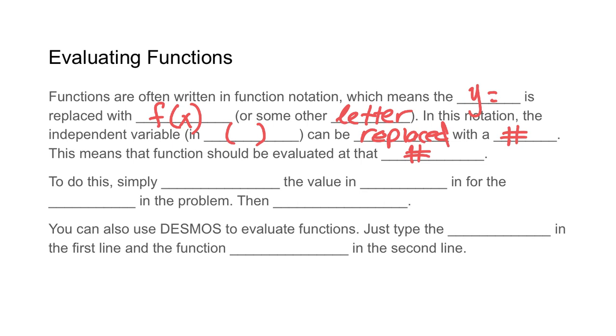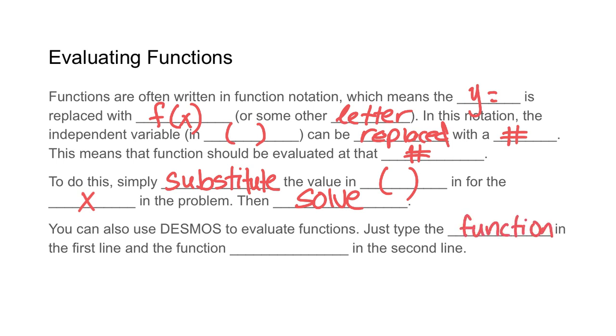So if you're going to do that, all you got to do is substitute the value in the parentheses in for the x in the problem, and solve it. You also can just type it into Desmos. Just type the function in, and then type the function value in, and then it'll automatically tell you what your solution is.